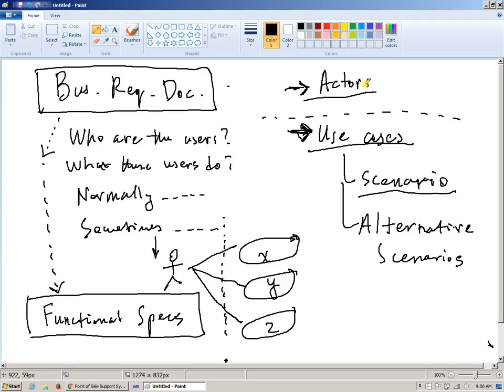Or maybe checking the inventory, or maybe printing the report of sales for a particular day, particular cashier, particular store location, and so forth, right? So all of these things we say are separate use cases, and this is the way we want to rewrite the business requirement document so that it essentially becomes a set of these use cases, and the collection of all of the use cases we would refer to as the functional specification.